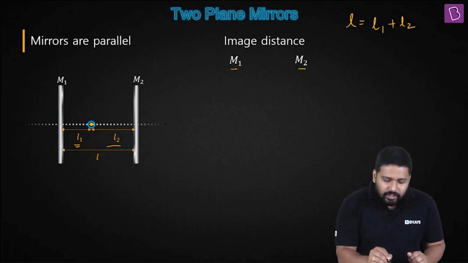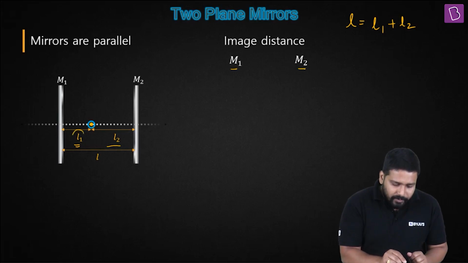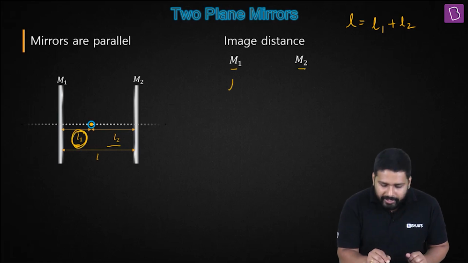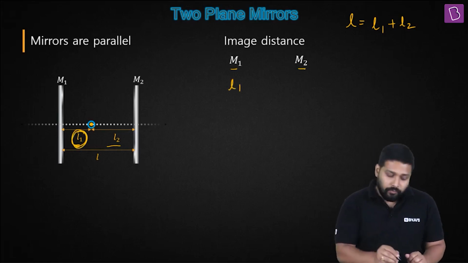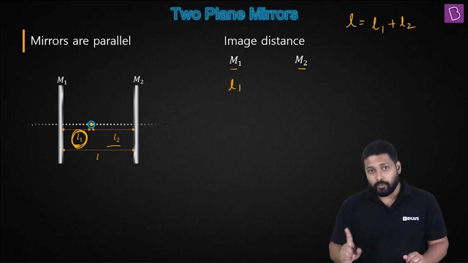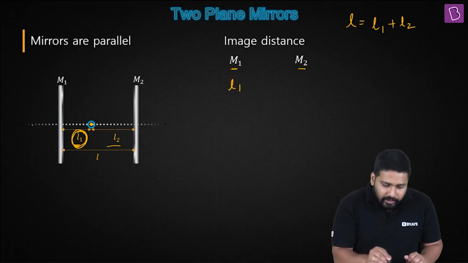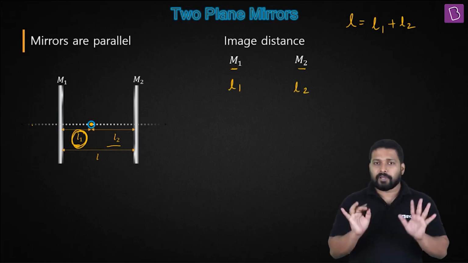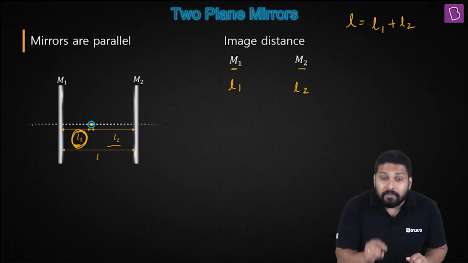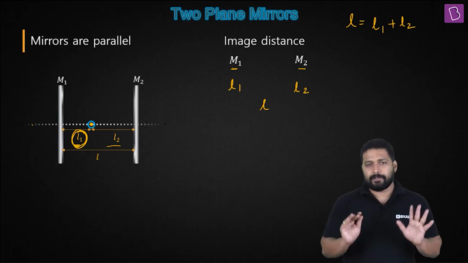The distance of the object from the first mirror is L1, so I'll write L1 because I know the first image will be formed exactly at a distance of L1 in mirror number 1. Then just below M2, I'm going to write L2. And in between, I'll write the distance between the two mirrors, that's L.